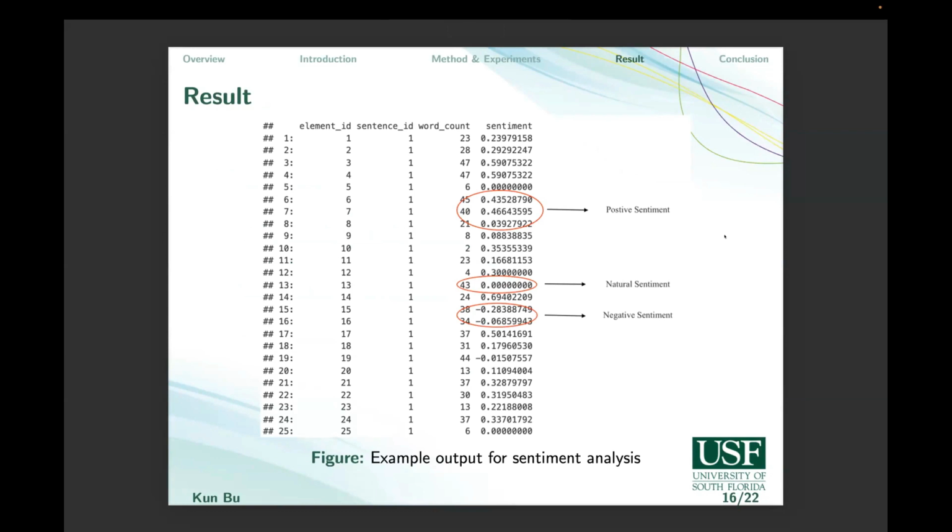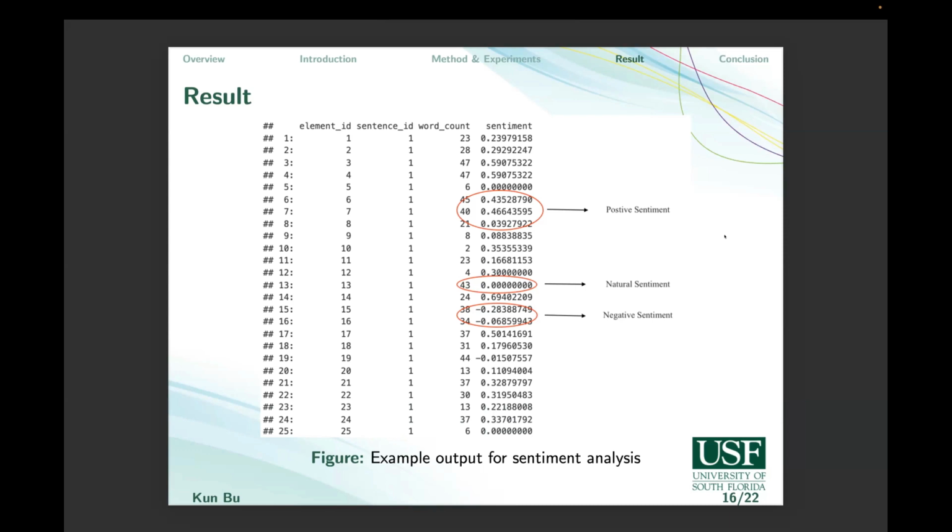I circled those positive sentiments where our sentiment probability score is greater than 0, those equal to 0 are labeled as neutral sentiment, and those with negative values are the negative sentiments.